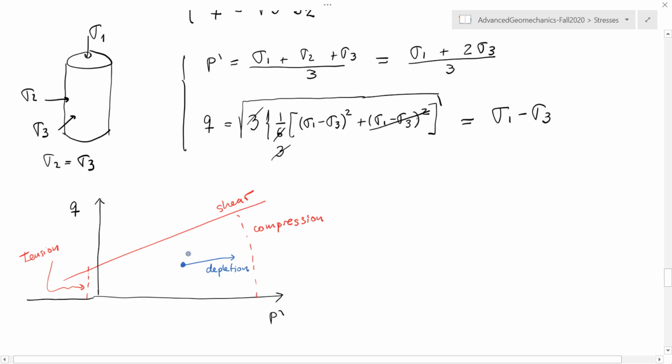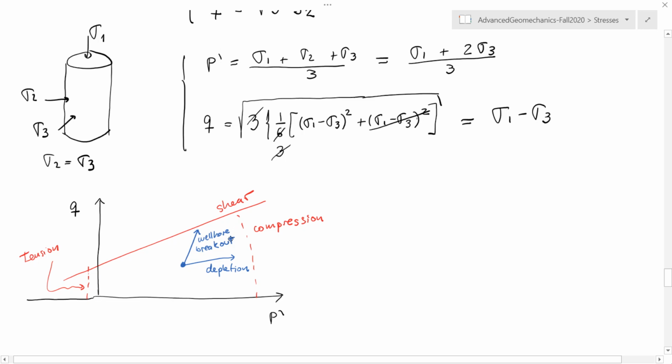If we, for example, have this rock next to a wellbore and it fails in shear, we're going to see that the wellbore breakout stress path goes more or less in this direction.